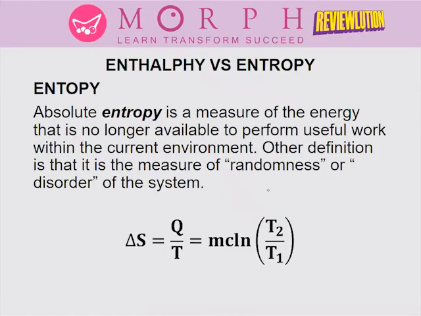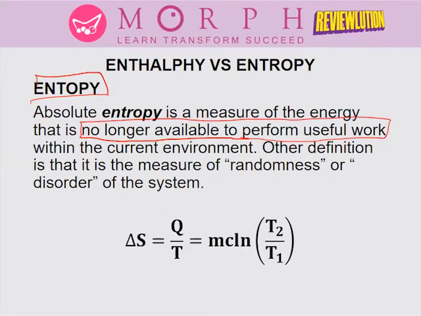Okay, now, we have entropy. Now, remember nyo kanina that I've said, enthalpy was the useful energy. Enthalpy is the total of the useful energy na pwedeng magamit ng system mo. Now, on the other hand, pag sinabi mo namang entropy, entropy is the absolute measure of the energy that is no longer available to perform useful work.